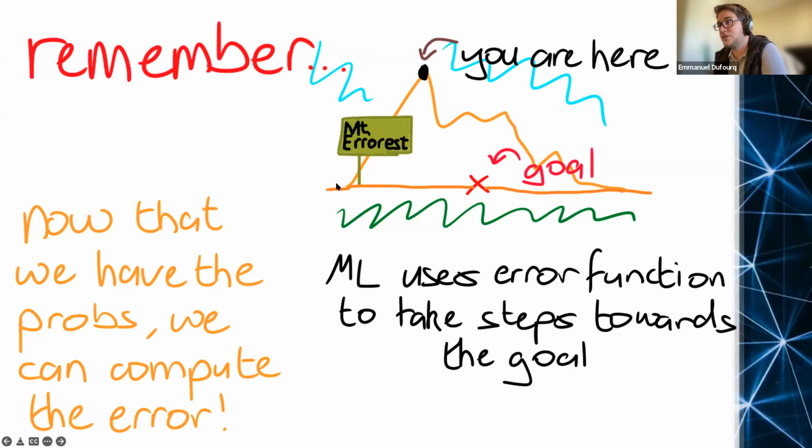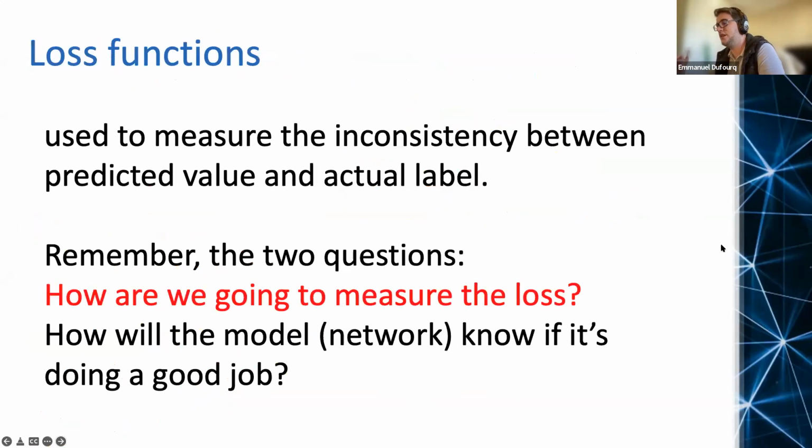In other words, if our goal is to go down the mountain, then we want to minimize the error. So it's a minimization problem. Initially, you start off at the peak, at a very high error, and you want to go down to a low error. So a smaller error is a better value. Okay, so let's keep that in mind.